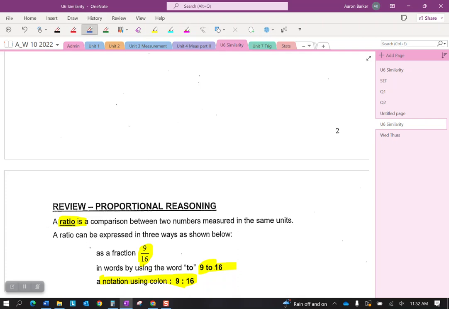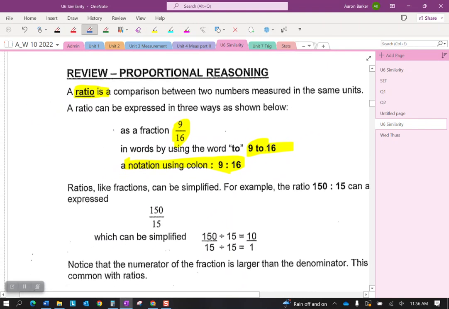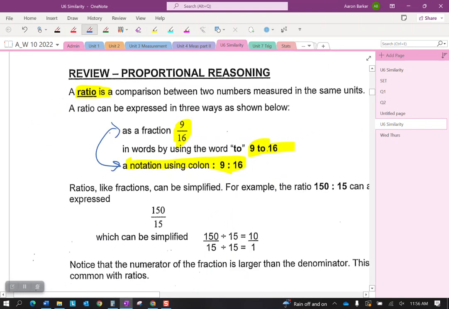What we're going to find in this unit is we do a lot of the first one and a lot of the third one. Okay, hopefully this works. So we're going to have to go a lot between the top one is a fraction and the bottom one is a scale. There you go.